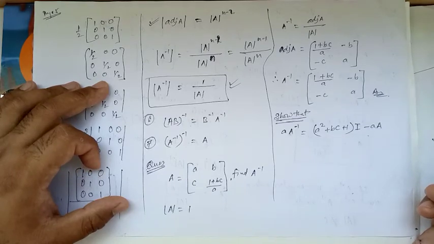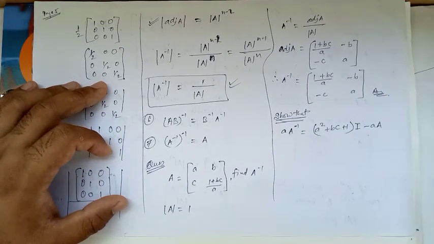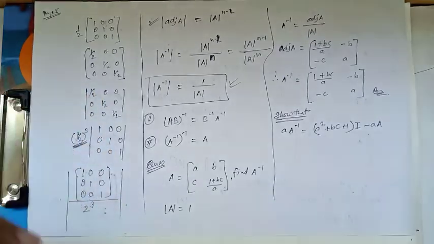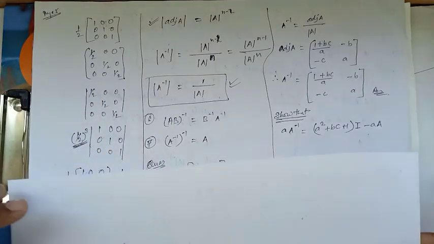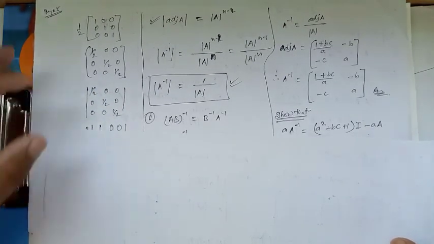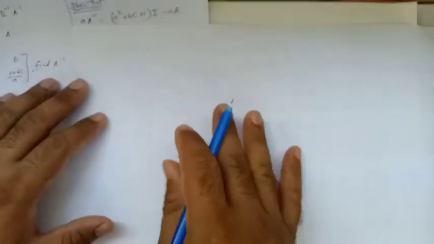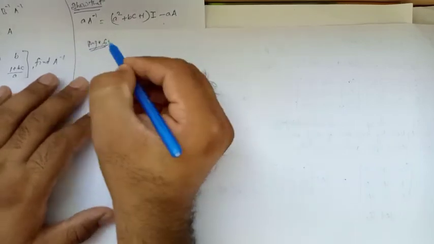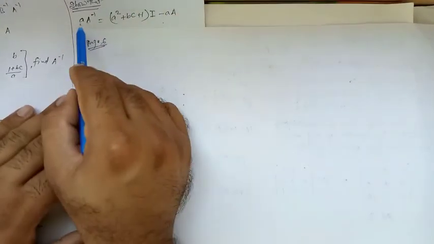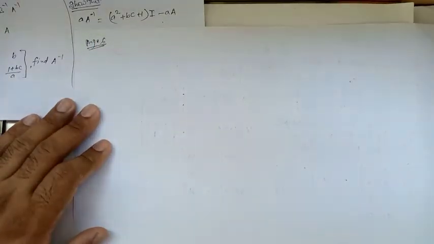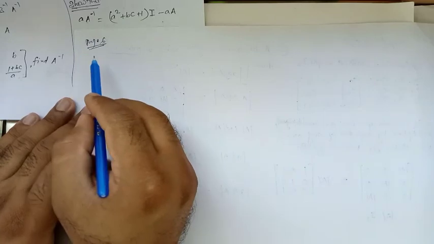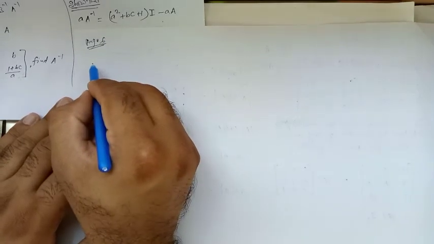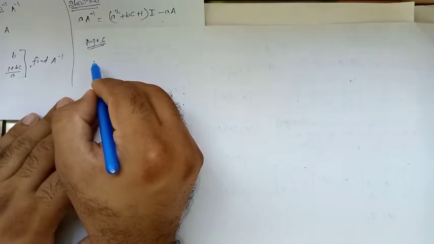So what we need to do is, I'll take the next paper. I'll consider this one, and this is page 6. Okay, so A into A inverse.